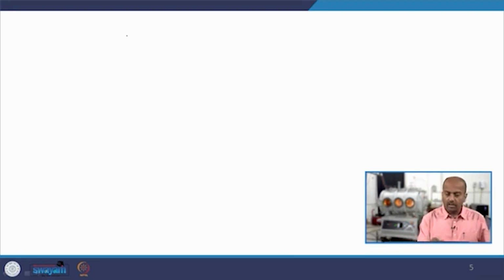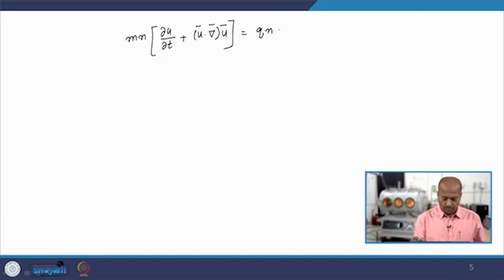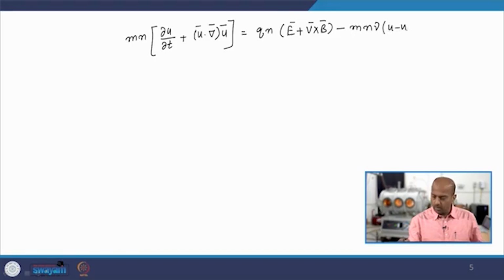So, we can write Mn (dou u by dou t plus u dot del dot u) is equals to Qn (E plus V cross B) minus Mn nu (u minus u naught).